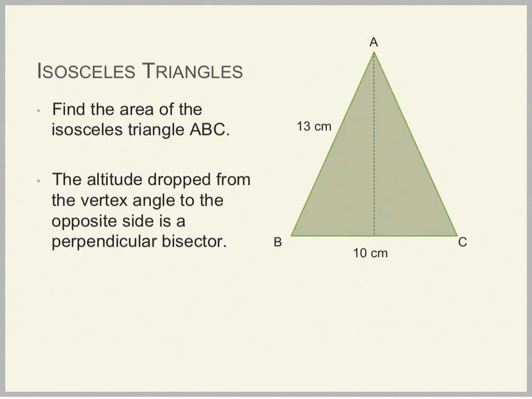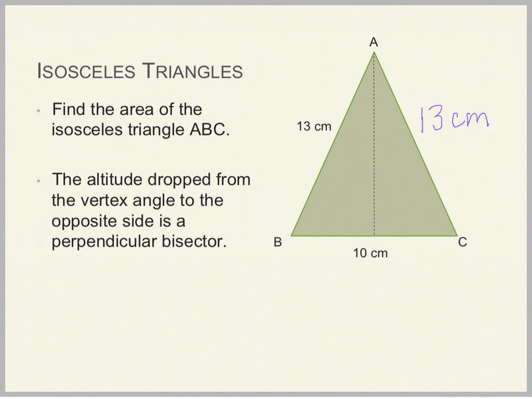This comes in handy in multiple instances. For example, let's say we're working with an isosceles triangle, and we want to find the area of this triangle. We would recognize that if this was an isosceles triangle, side AB is 13, side AC could also be 13 centimeters.